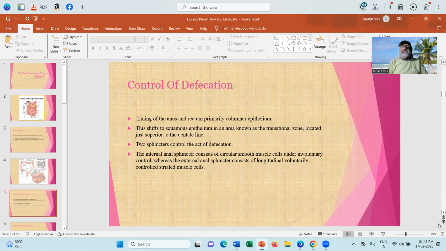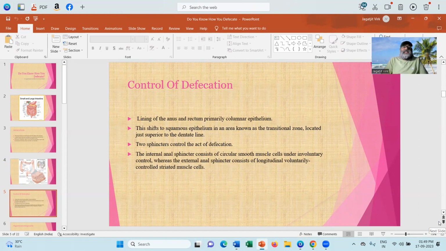Control of defecation. The lining of the anus and rectum is primarily a columnar epithelium. This shifts to squamous epithelium in an area known as the transitional zone, located just superior to the dentate line. Two sphincters control the act of defecation.